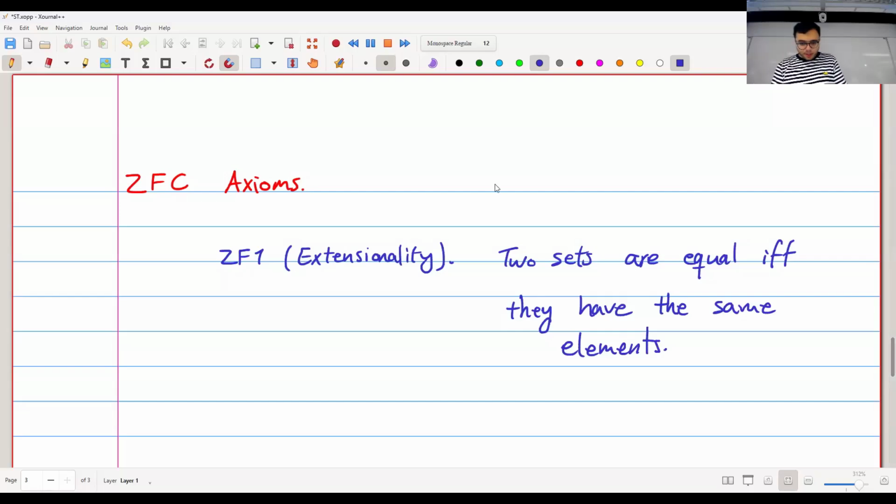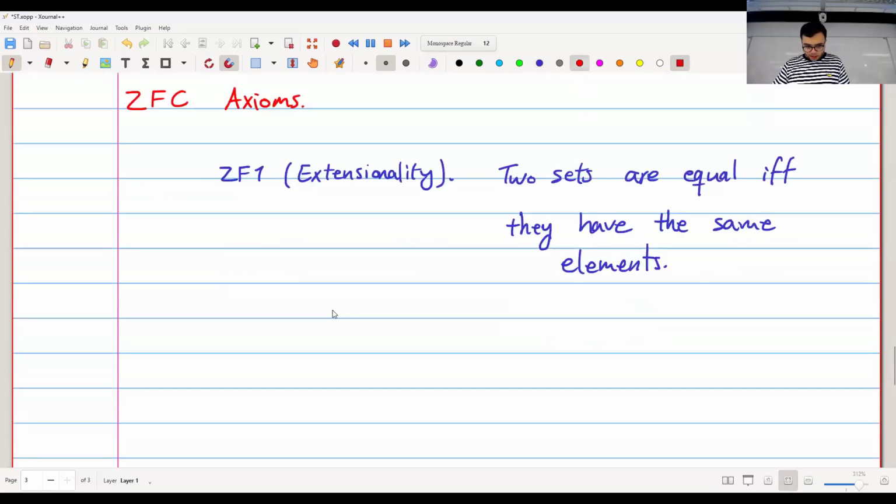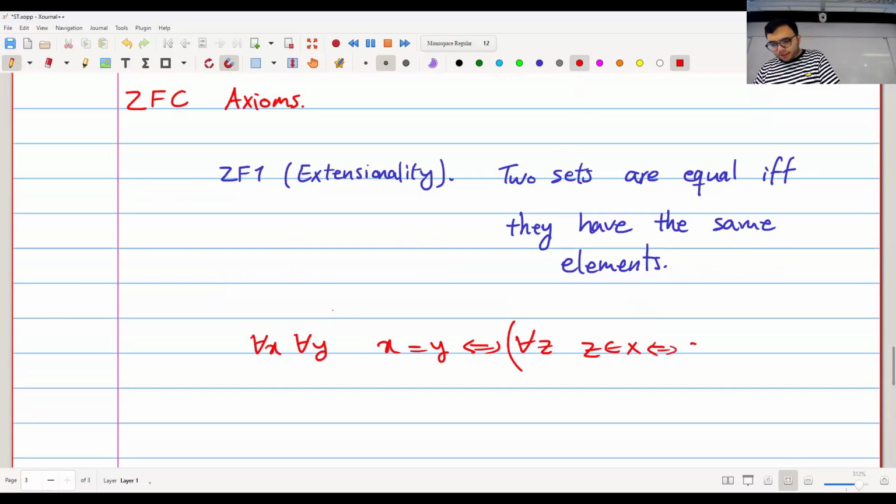So I can write it in my language, right? In my logical language. You can write this like this. I can say for every x and every y, x is equal to y if and only if for every z, z is in x, if and only if z is in y. Okay, so this might get a little bit more complicated as we go forward.